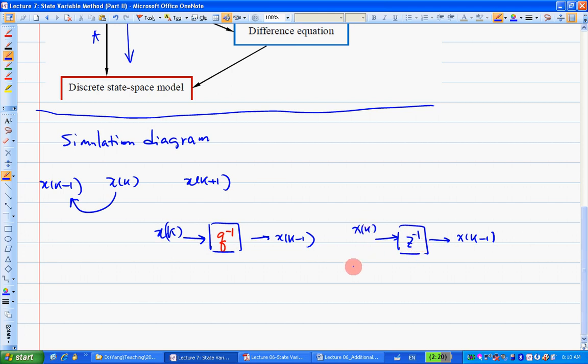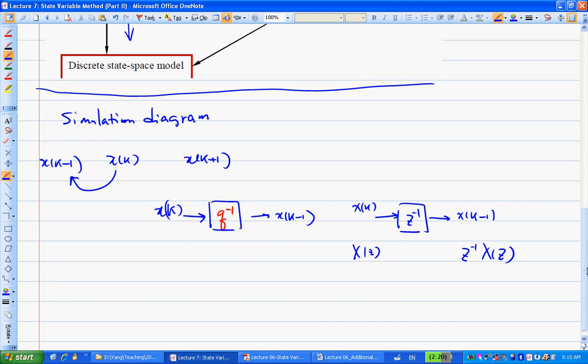The z operates on the capital X of z, the z transform. So when you operate on this, you get this. That's a little subtle difference, but that's okay, because as long as you know what z to the power -1 does, all it does is give you one step of shift or delay. That's enough.